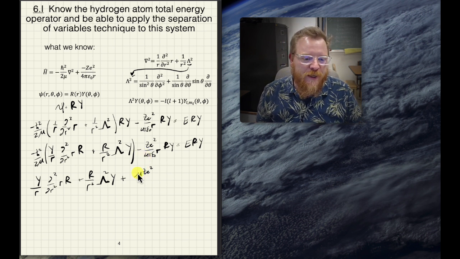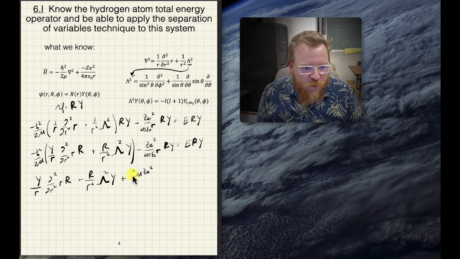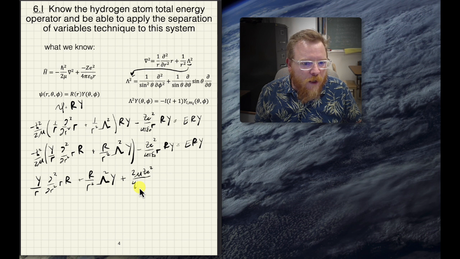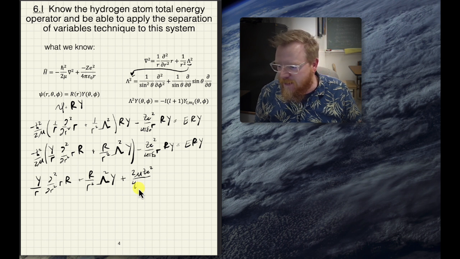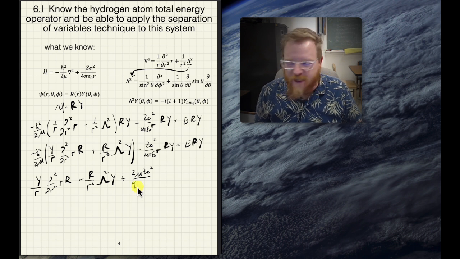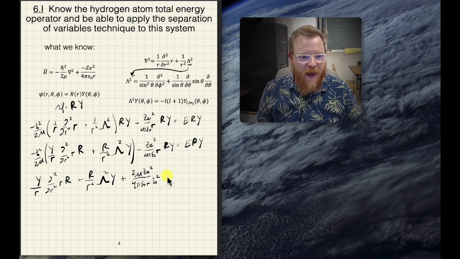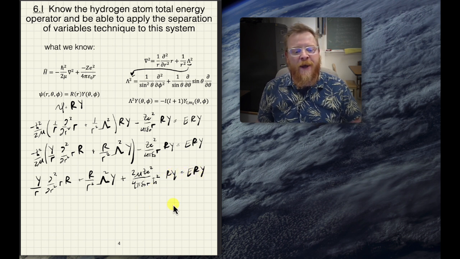So I'm just going to, for now, leave this with the 2 and the 4, and you'll see why I'm going to leave it there for the time being. So yes, it's going to be 4 pi epsilon r h bar squared. Okay, lovely. And that's times ry, and that equals E times ry.